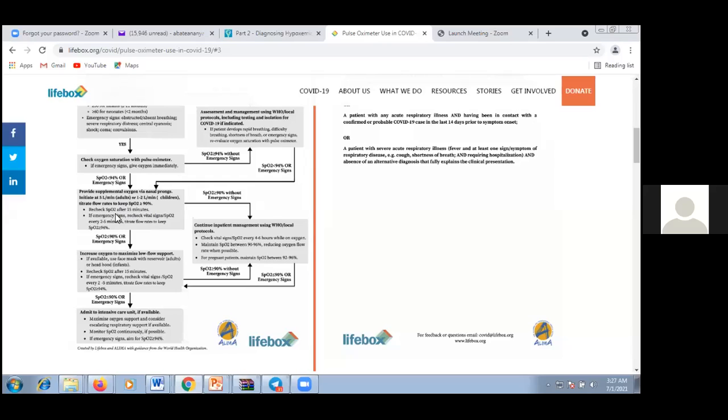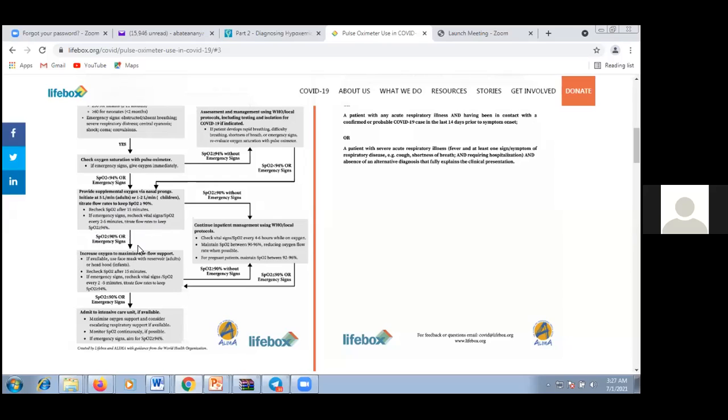So you might be using Pulsox for several individuals. Because of that, monitoring every 15 minutes can be acceptable, but the ideal thing is to leave Pulsox on the finger and follow the patient continuously. But if there is an emergency sign, 15 minutes is a bit large, so you have to re-evaluate the patient in 2 to 5 minutes, okay?